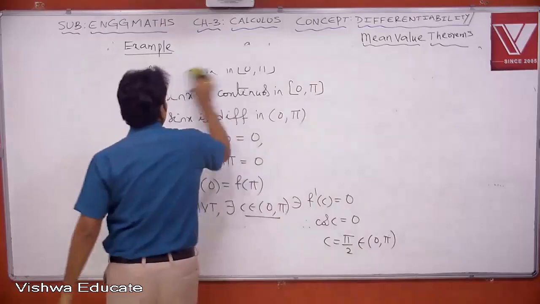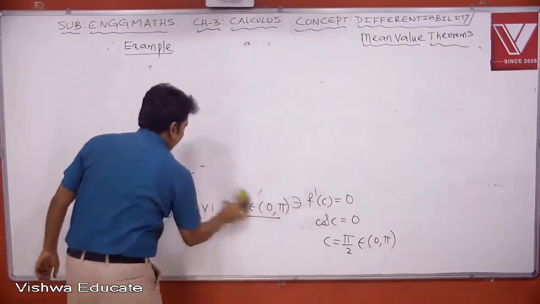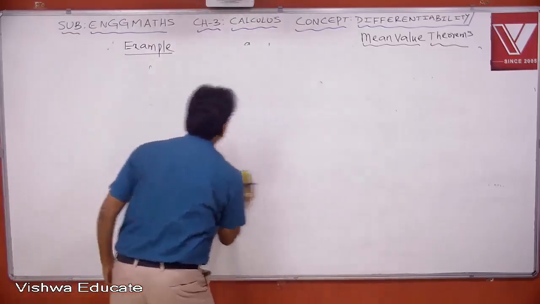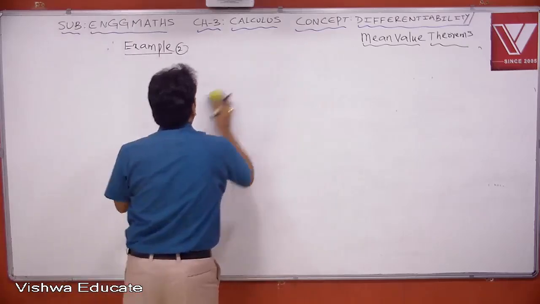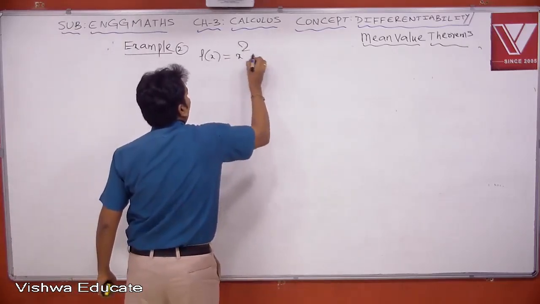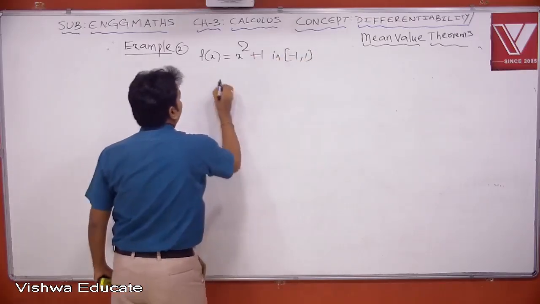Now let us discuss one more example on this, and then we move to the next mean value theorem. So second example, suppose f of x equal to x square plus 1 in closed interval minus 1 comma 1.